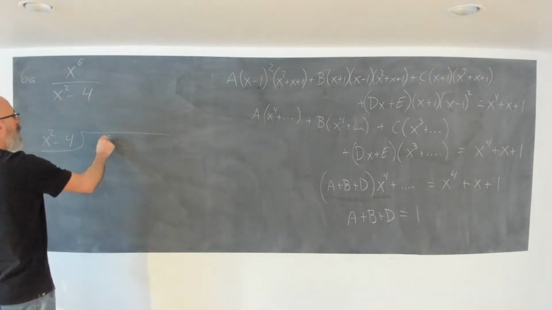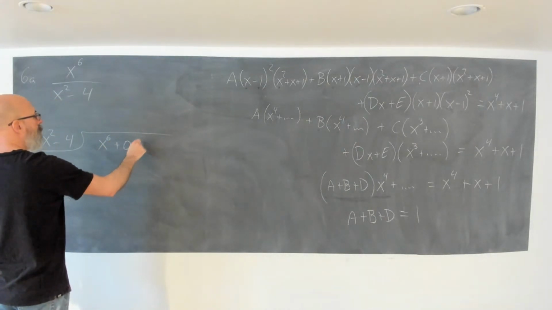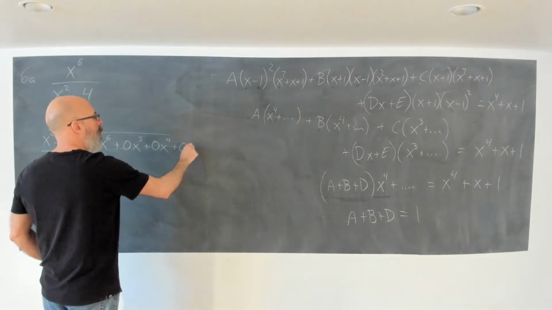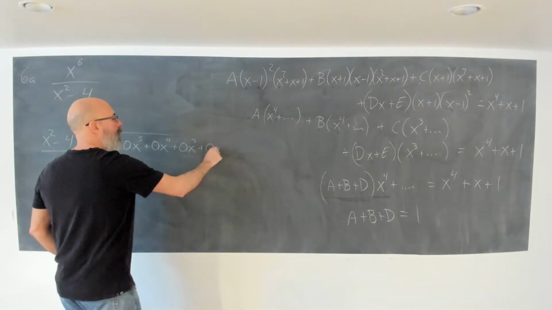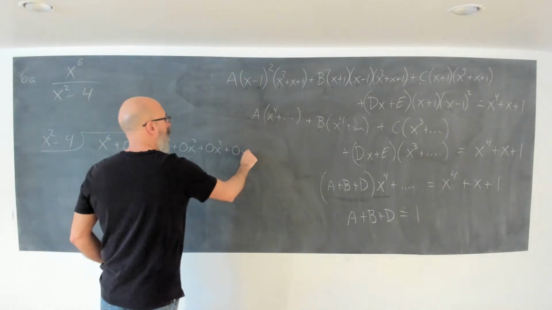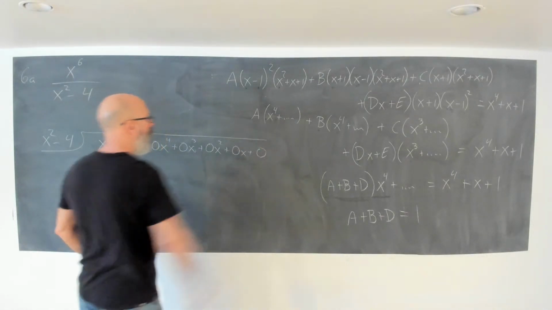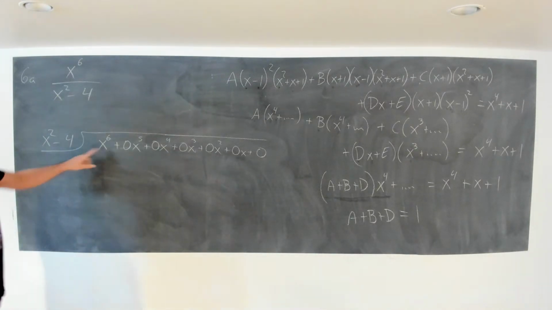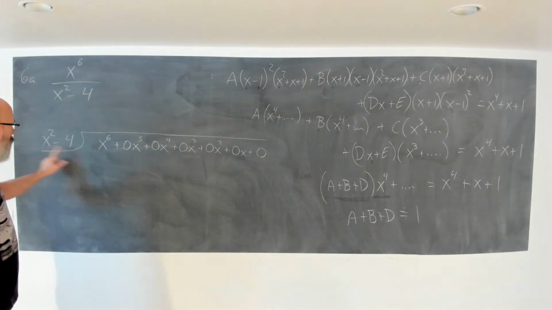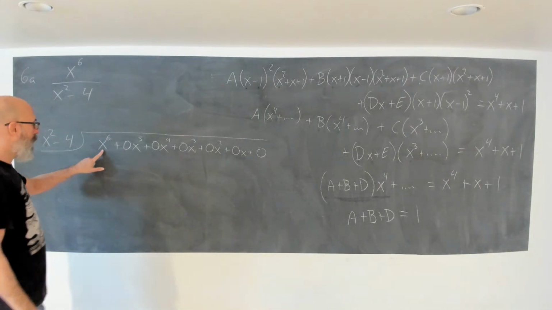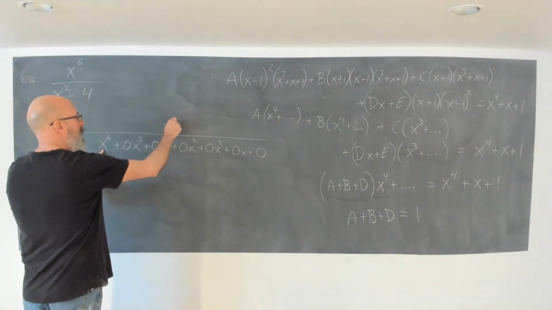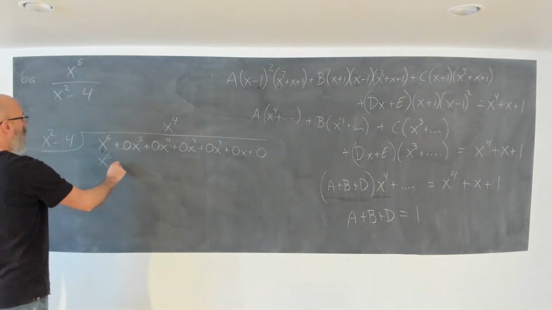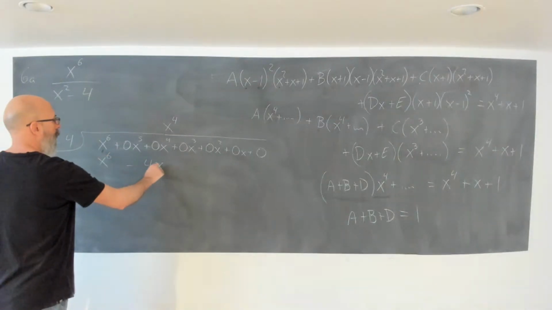This is x to the 6. And we ask the question, what must we multiply to x squared to get an x to the 6? And of course the answer is x to the 4. So that's x to the 6 minus 4x to the 4.